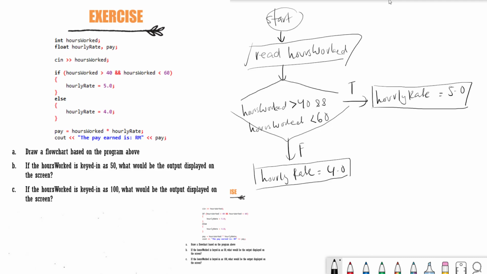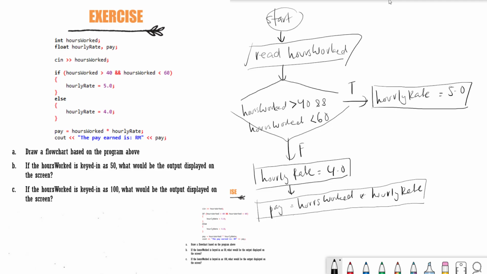After that, since after the else statement there will be another statement, which is pay equals to hours worked times hourly rate. Since this is a process, a rectangle for that.